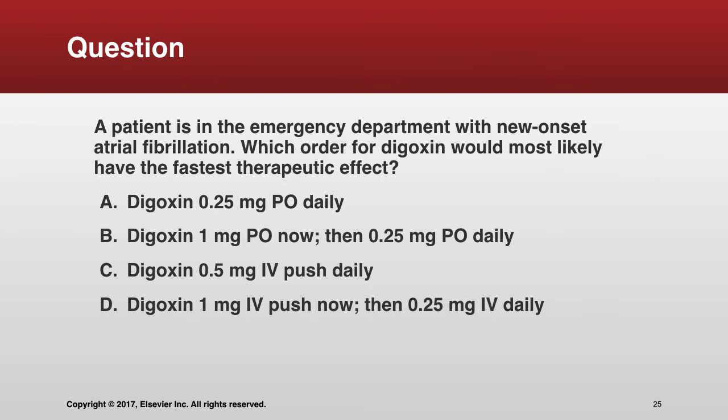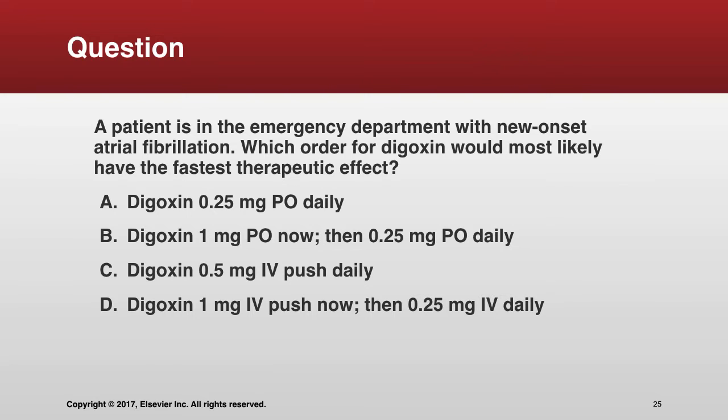So if we look at these answers, we know that PO is going to be slower action than IV. So we can get rid of those first two answers right away because we want to know which is most likely to have the fastest therapeutic effect.